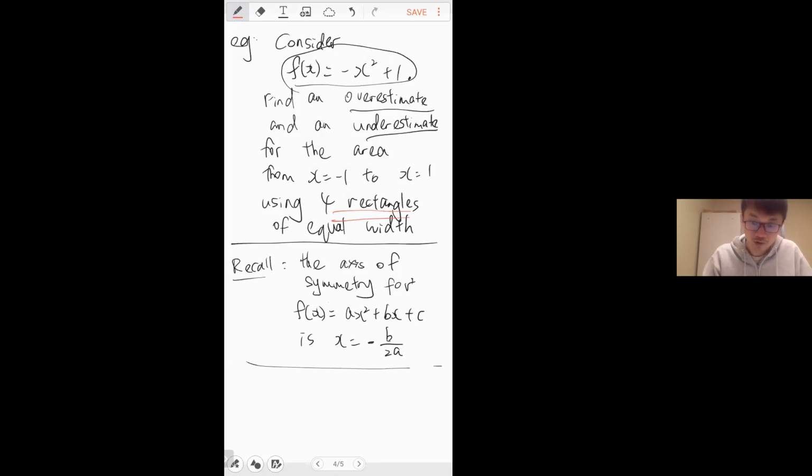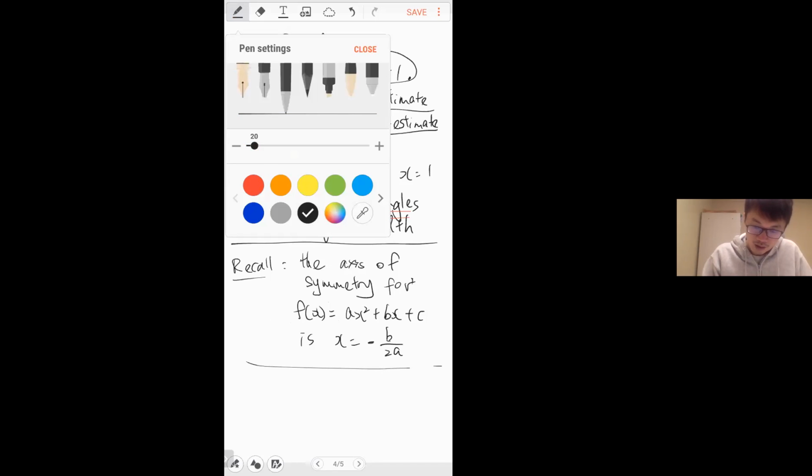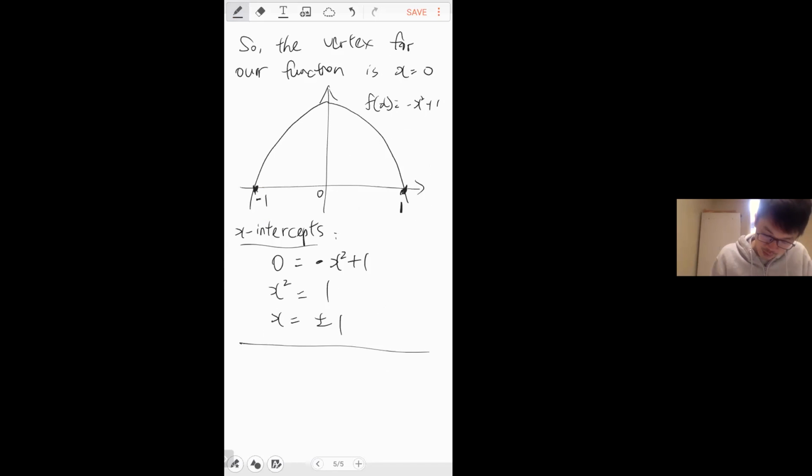So it says here that we need 4 rectangles. So let's compute the width of each rectangle. Actually, let me start a new page. So the width of each rectangle, delta x, remember that that's the length of the interval divided by the number of rectangles.